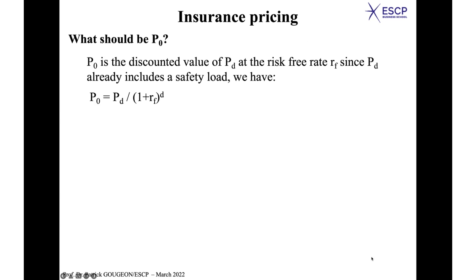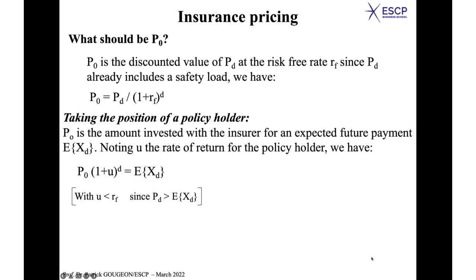Because PD already includes a safety load. So the risk is taken into account by adding a safety load. So when you discount, you will discount with the risk-free rate. Okay? So you have P0, which is equal to PD over 1 plus RF power D.